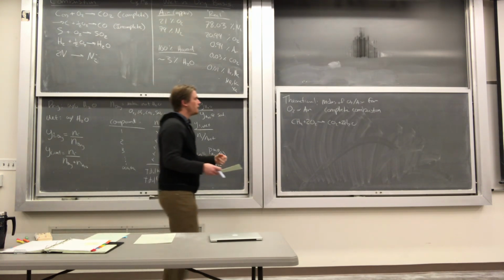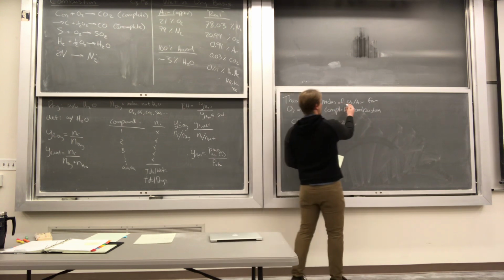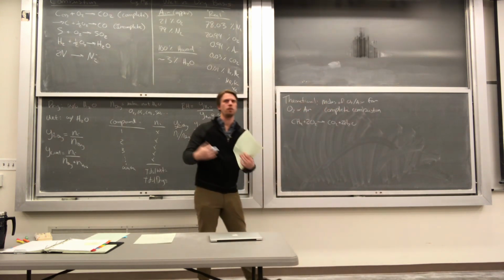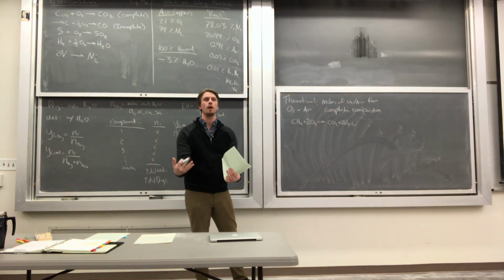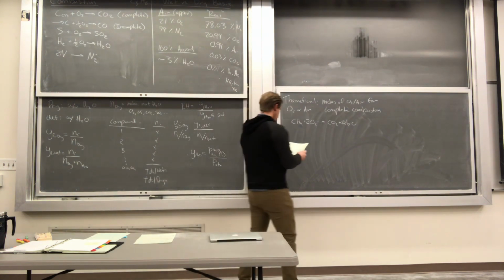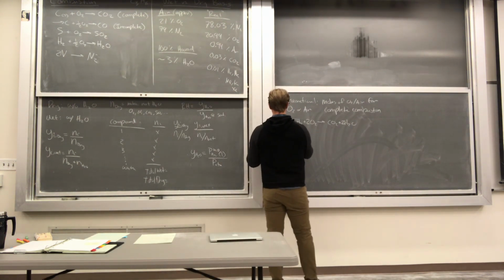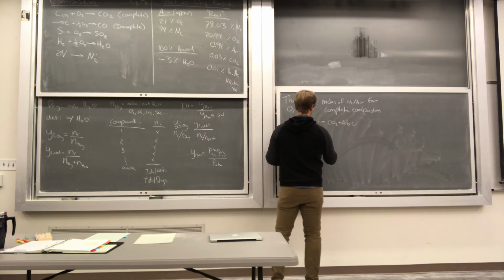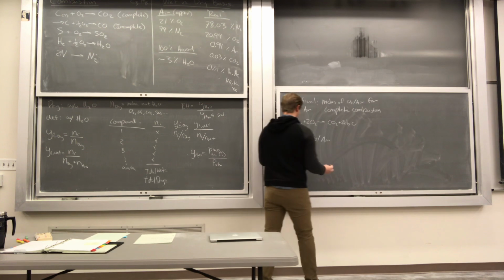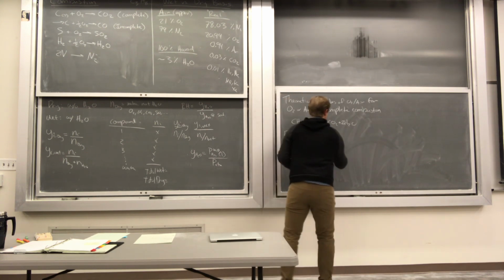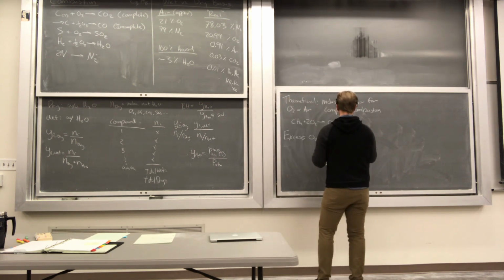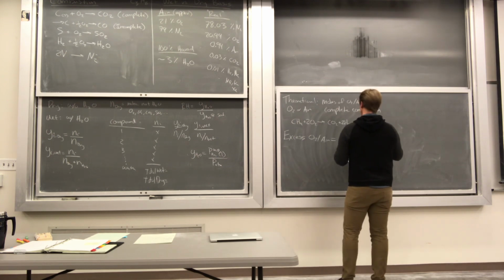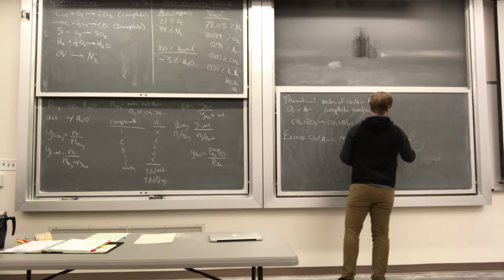Okay? So the difference between theoretical oxygen and theoretical air is, are you measuring how much oxygen you're feeding to the system, or are you measuring how much air you're feeding to the system? All right, so excess oxygen or air is equal to moles fed to the system minus moles theoretical, right?